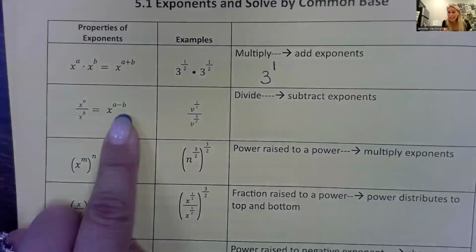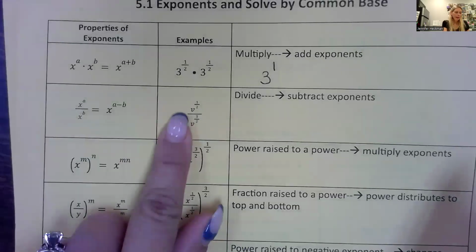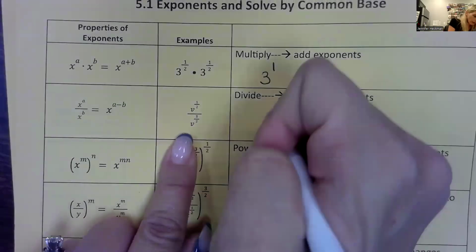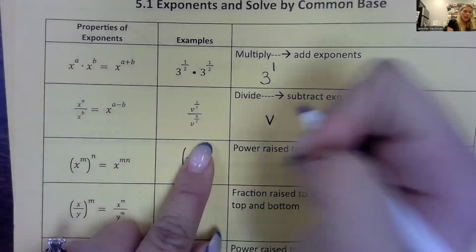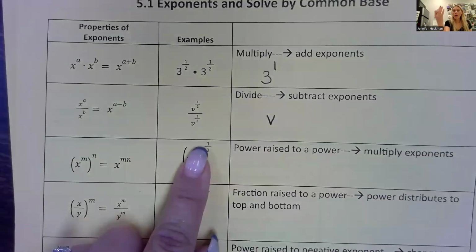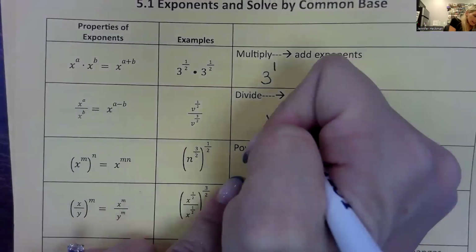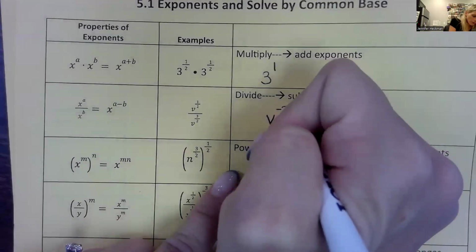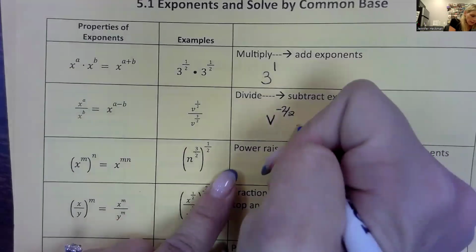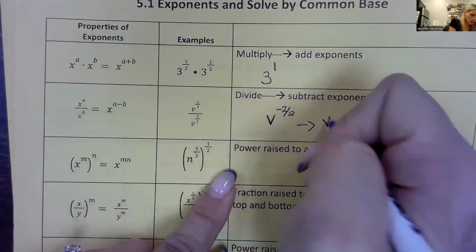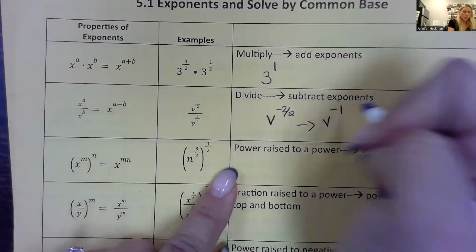And remember, the base has to be the same. So if we have v divided by v, I'm going to take that v and say 1/2 minus 3/2. 1/2 minus 3/2 is -2 over 2, which of course can reduce to v to the -1.